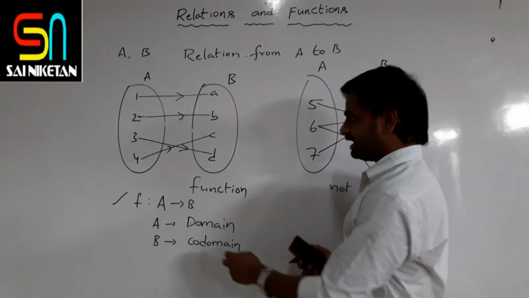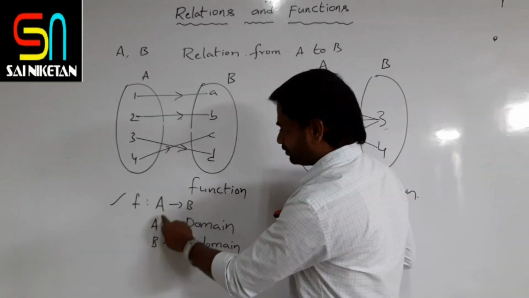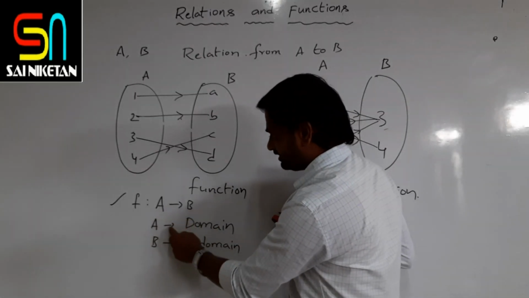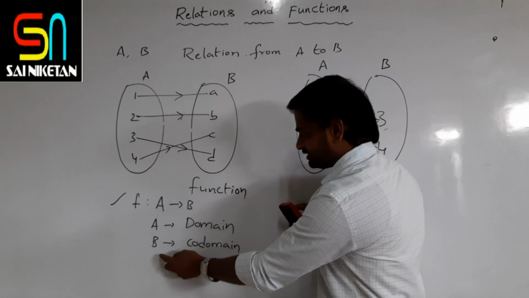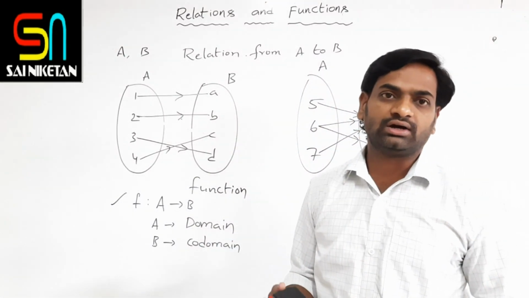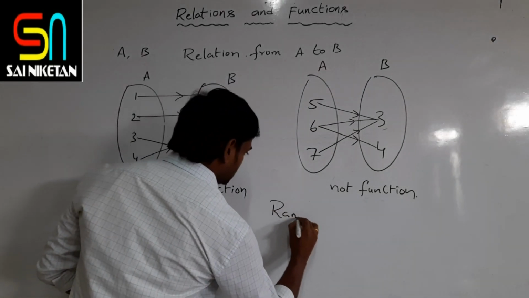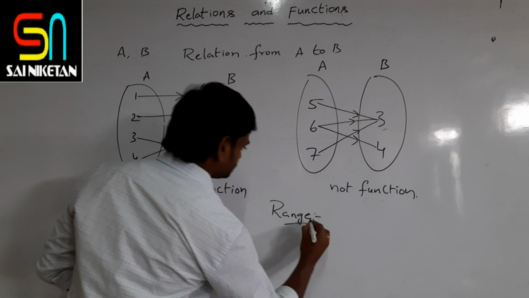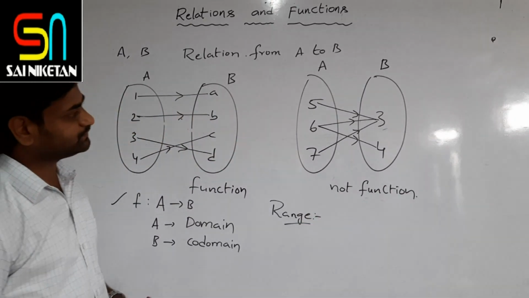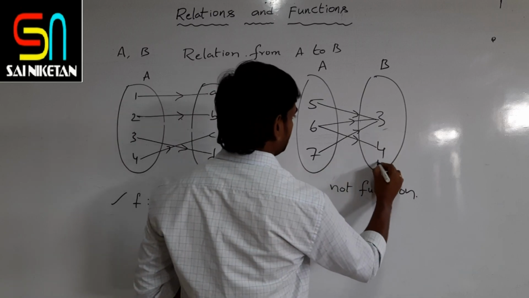See here, I am taking the function F from capital A to capital B. In this one, the first set is always called domain, and the second set B is called codomain. Now what about the range? In this example, suppose one element I am taking 5.